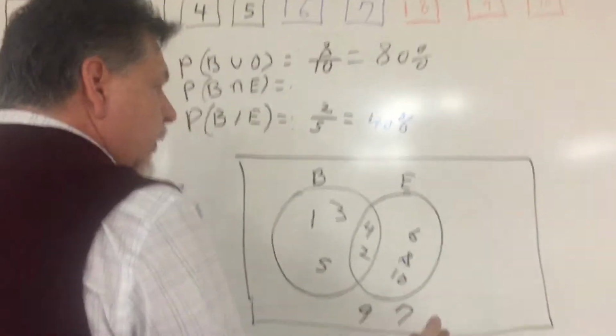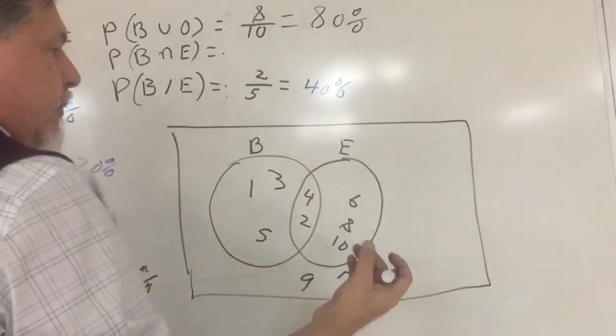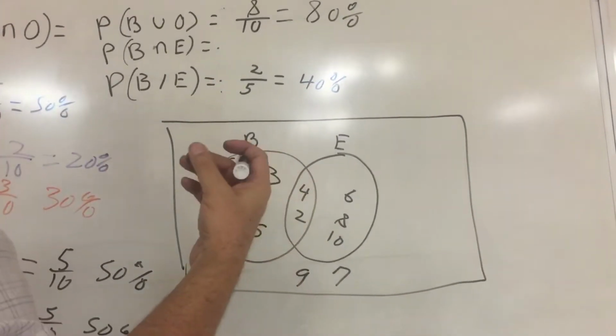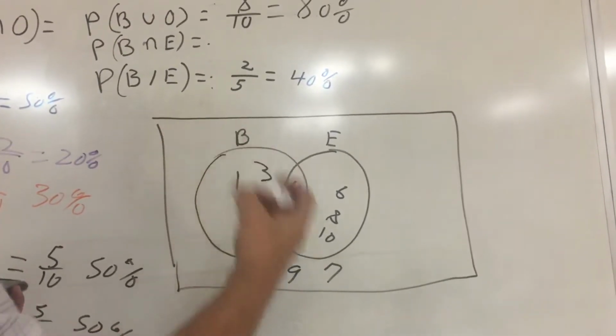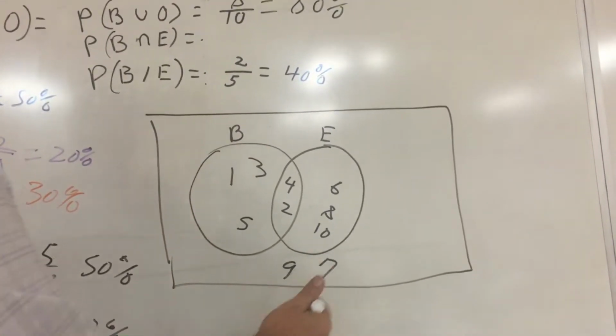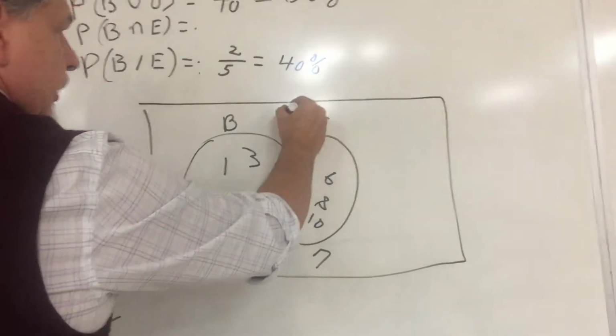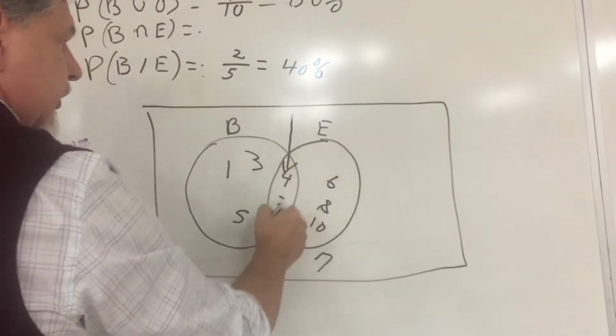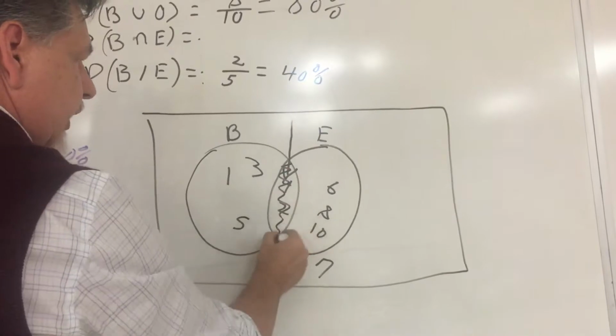So what I would do is I would say, what is the probability of something that's black and even? Well, it's right here, in this intersection. It's in this shaded area here.